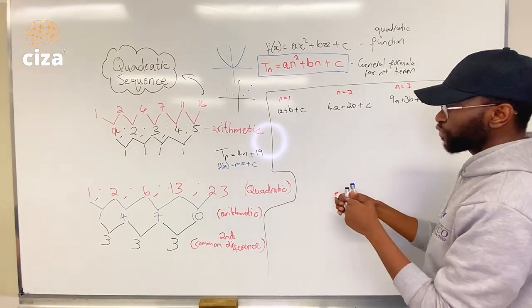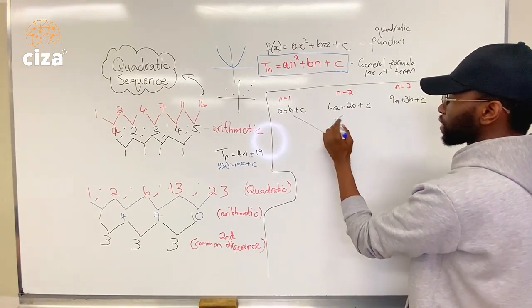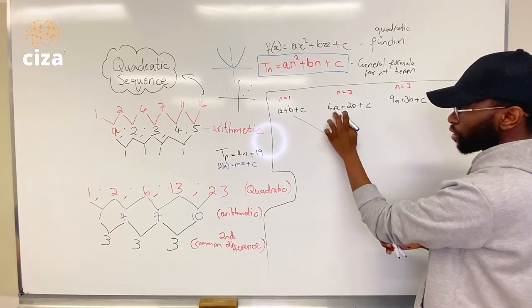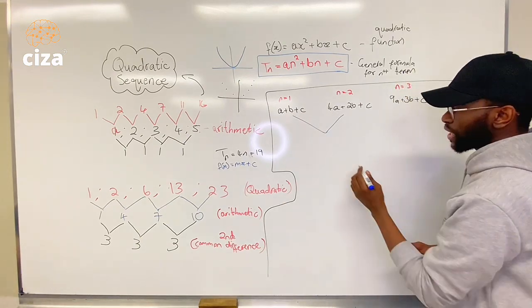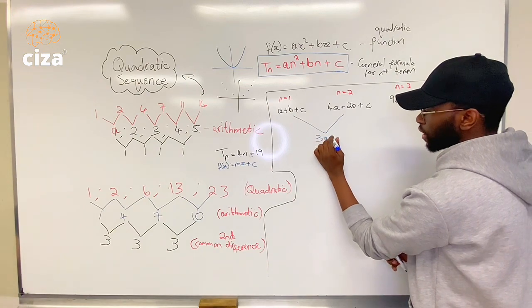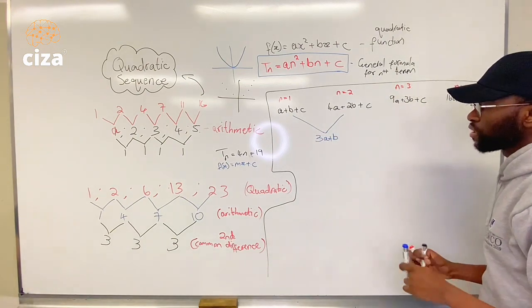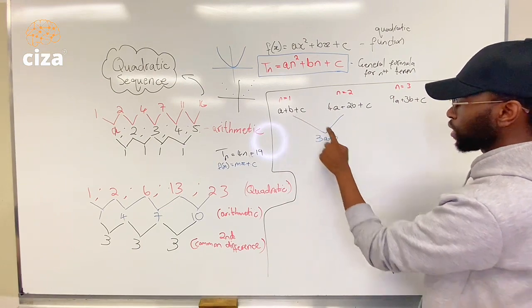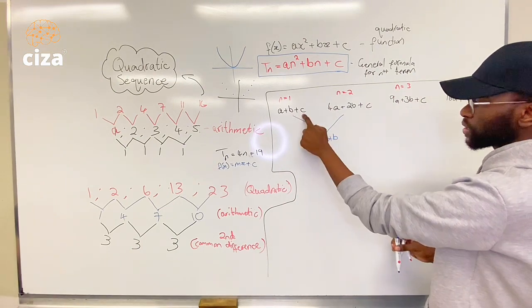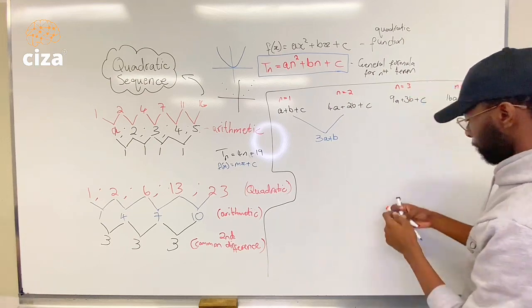We take the following term and subtract the previous term. The first will give us 3a plus b: 4a minus a is 3a, 2b minus b is b, c minus c is 0.